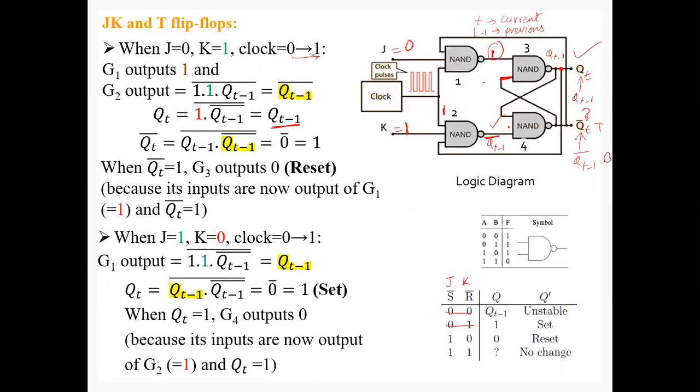What is the input here? What is the input to this guy? QT minus 1 and QT minus 1 bar. Does it make sense? These are the inputs to this guy.